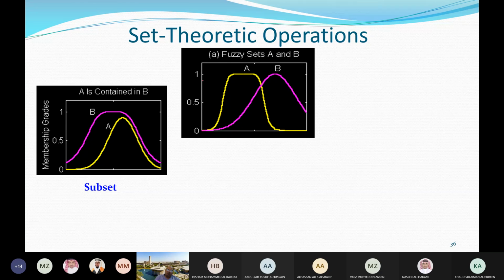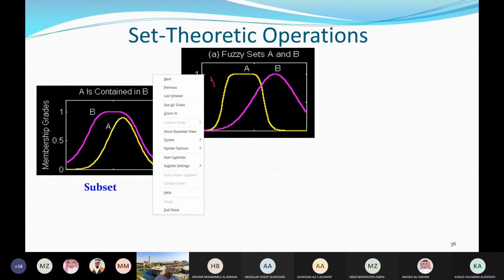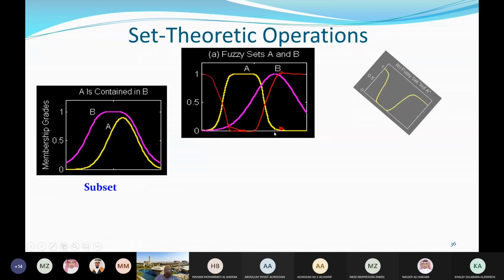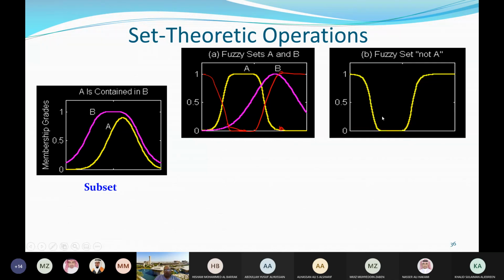Not A is 1 minus A, and it is like this. When this becomes 1, this becomes 0, and you have it as such. When this becomes 0, this becomes 1. So this is not A, as you can see here.